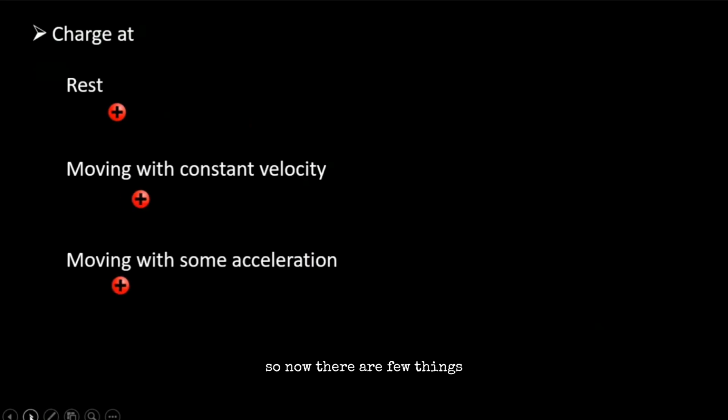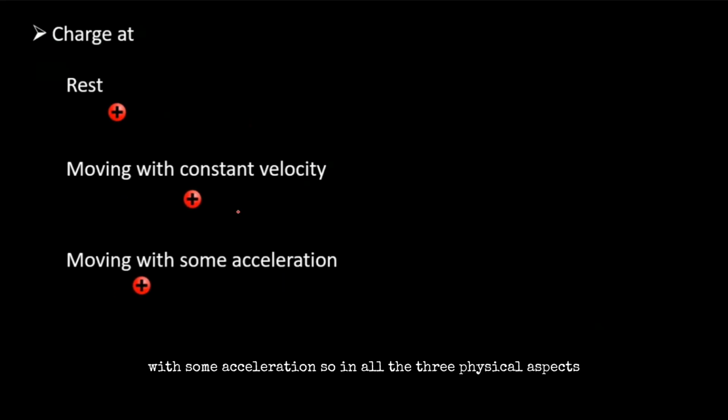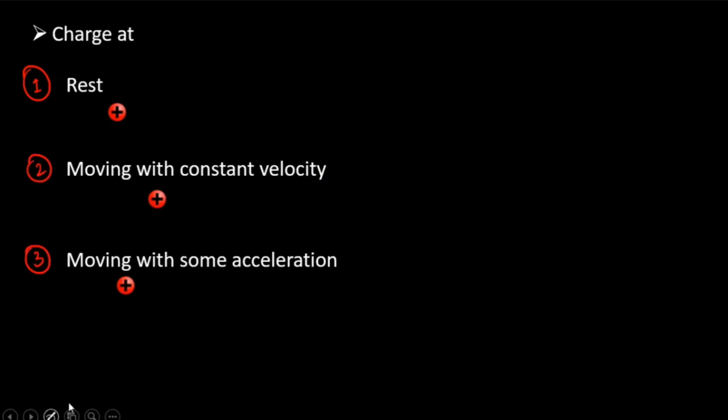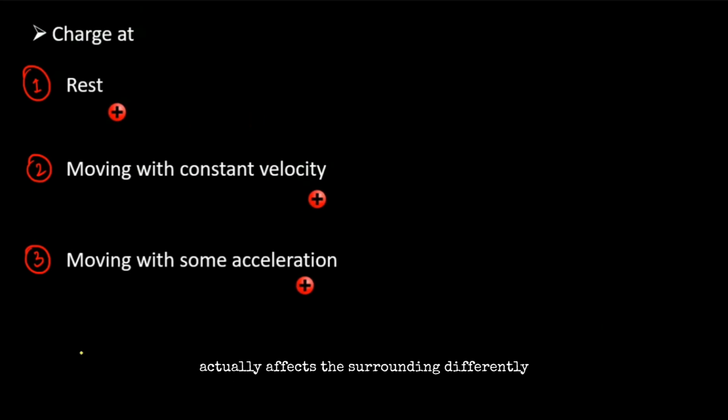Now there are a few things which are possible. The first thing is charge can be at rest. The second is charge can be moving with a constant velocity. And the third is charge might be moving with some acceleration. In all three physical situations, the charge behaves differently, or actually affects the surroundings differently.